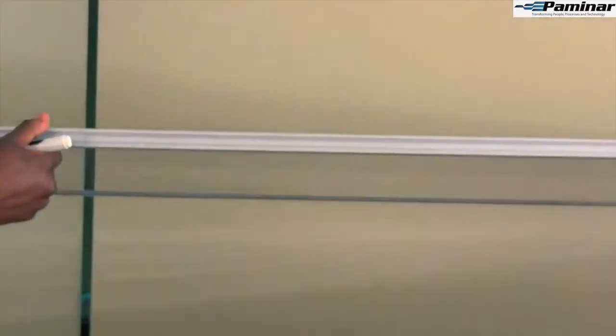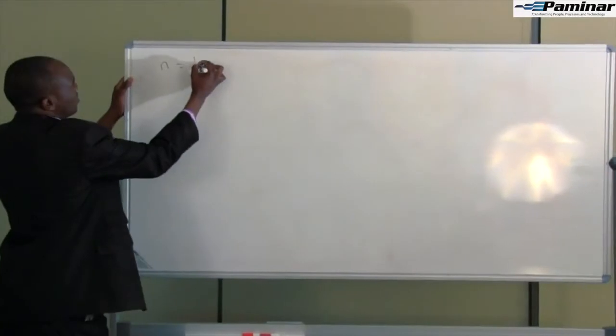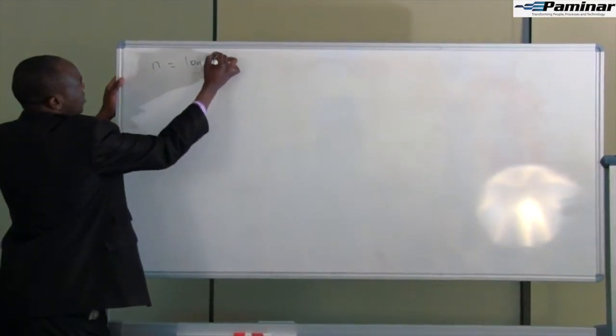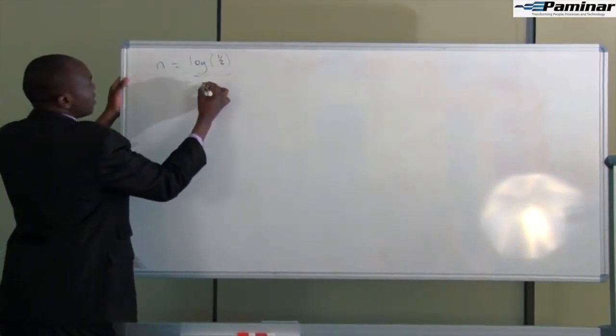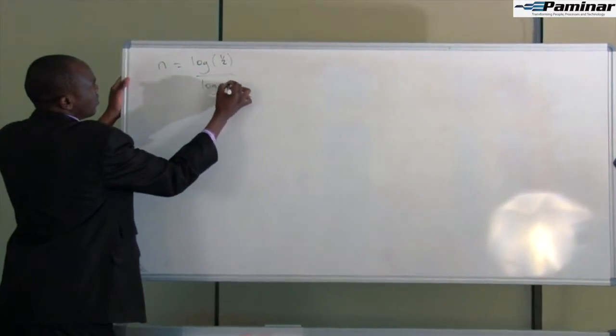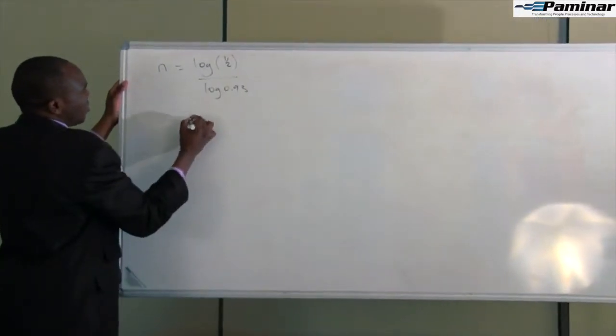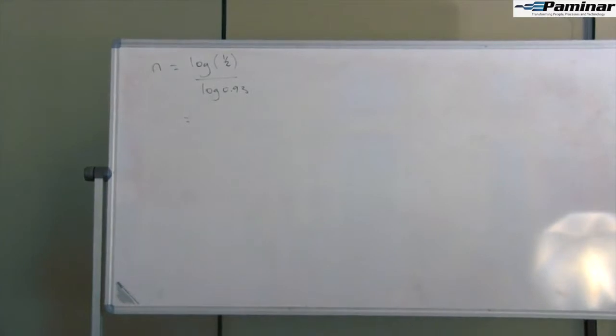Okay, let's try it here. So n is log half over log 0.93. Now you can punch it in your calculator.